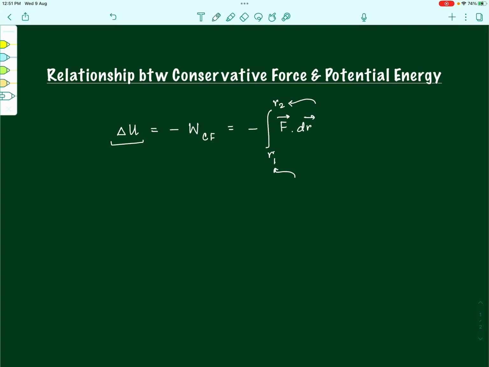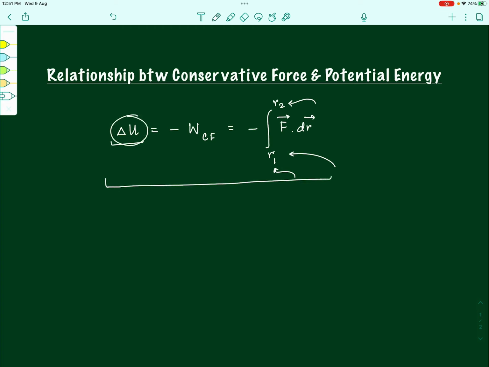See that this is an integral equation, we have an integration over here. We also know that integration is something that is opposite of differentiation, right. So, what will happen if I try to differentiate this whole equation on both the sides?